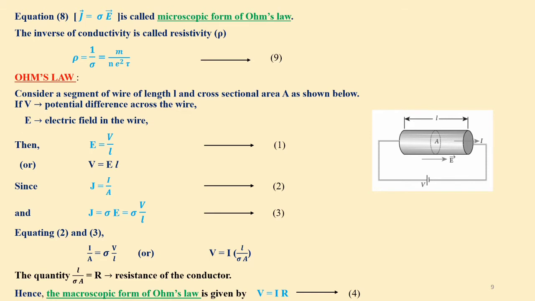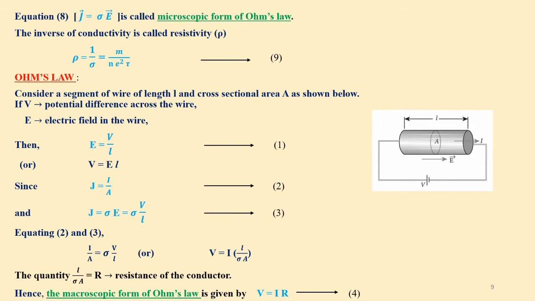Now J is also equal to current per unit area. Since J equal to I by A, equation 2, and J is also equal to sigma into E, that is equal to sigma into V by L, this is equation 3.